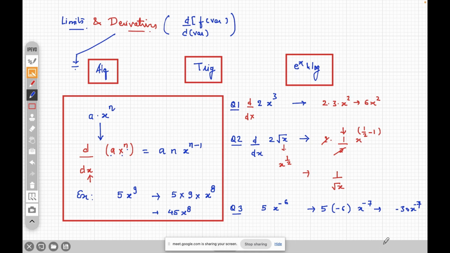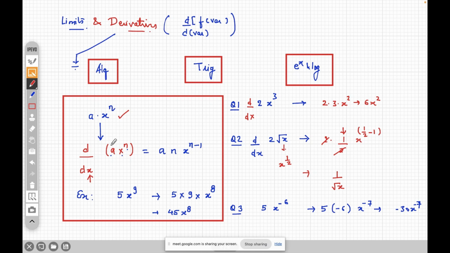Yes. What I want you guys to remember is this. Clear? So that is it with algebraic functions.